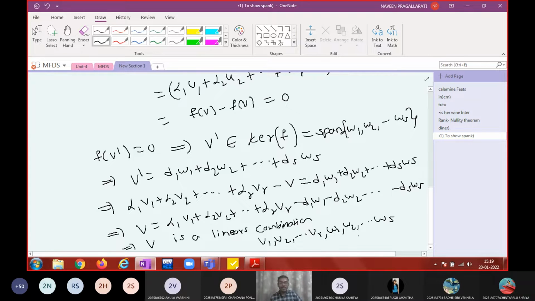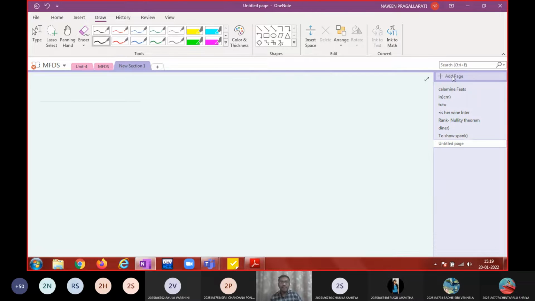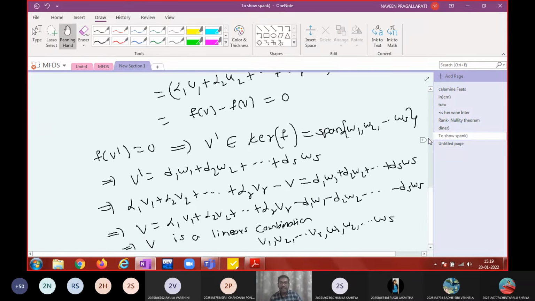Any randomly selected element v you are able to express as a linear combination of only this set of elements.